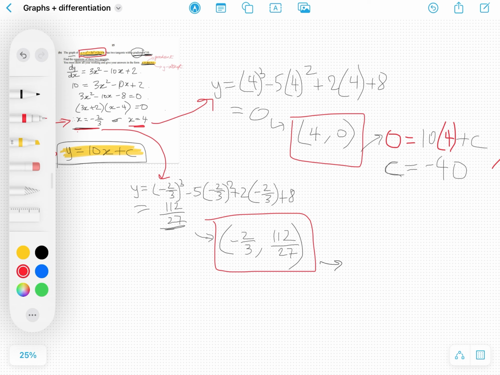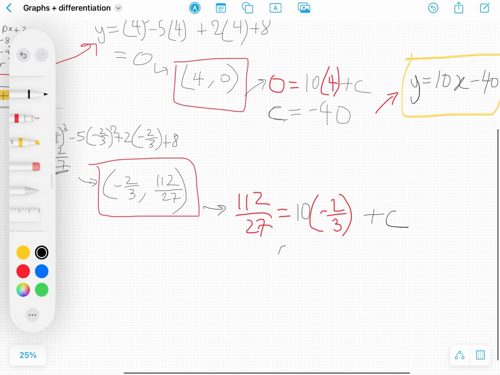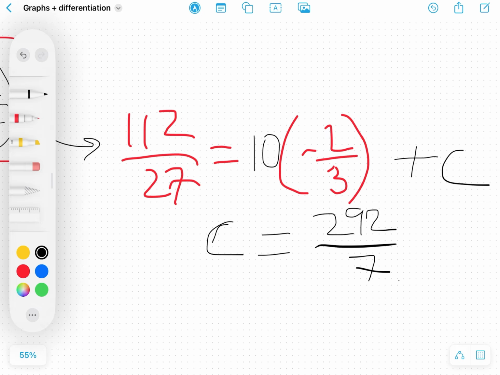So 112 over 27, we replace that with y, is equal to 10 multiplied by negative 2 over 3 plus c. And then if you put that in your calculator, you should get that c is equal to 292 over 7.